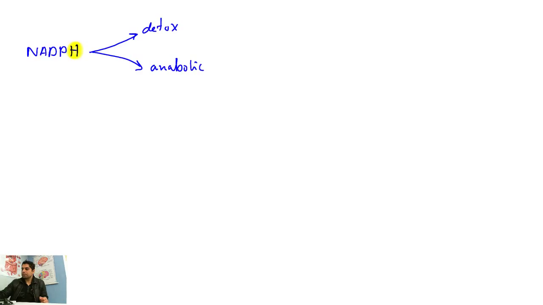Now, the enzymes that produce NADPH. One of them was glucose 6-phosphate dehydrogenase, correct? That's one enzyme that produces NADPH. What is it produced from? Glucose 6-phosphate, and it gives you 6-phosphogluconate.